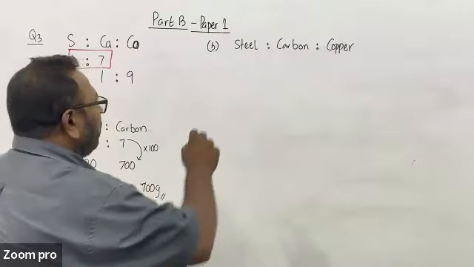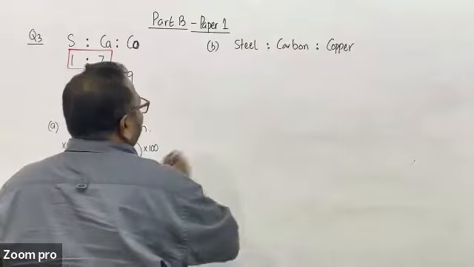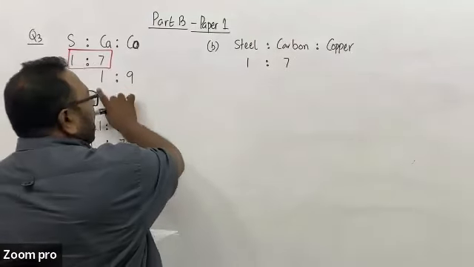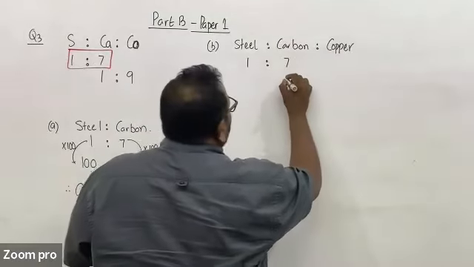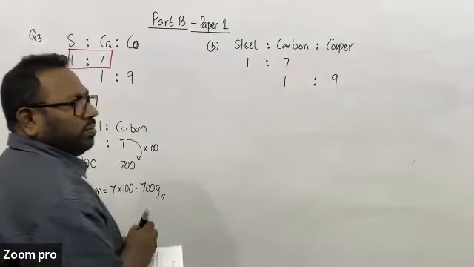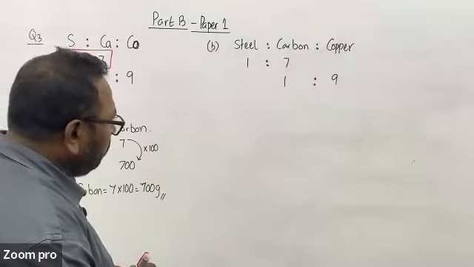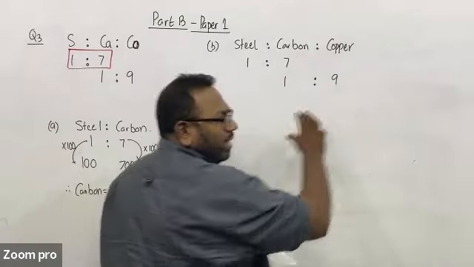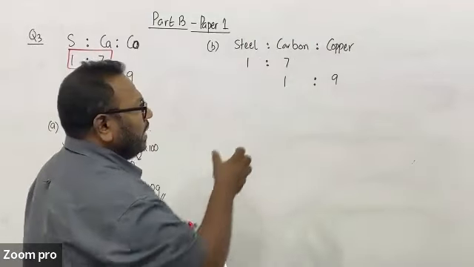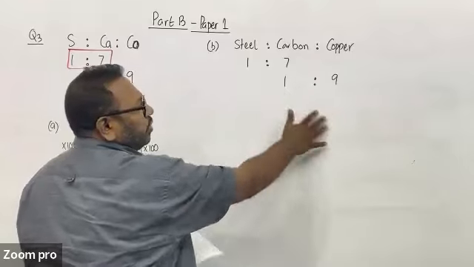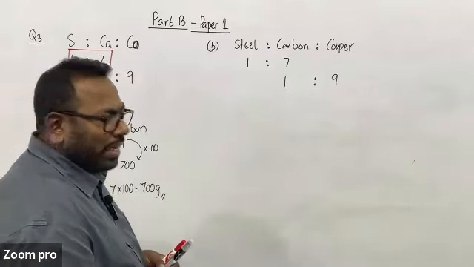Here first they are saying steel is to carbon is 1:7. And carbon is to copper is what? 1:9. Okay. Right. So in order to write all of them in one ratio, you see carbon is a common element for both these ratios. Carbon is a common element.